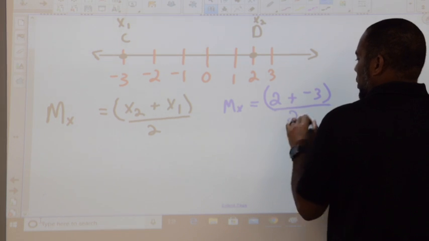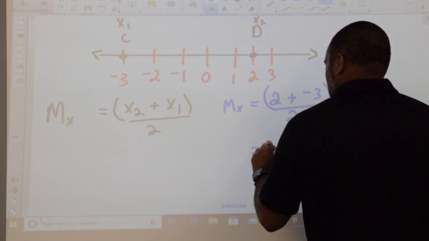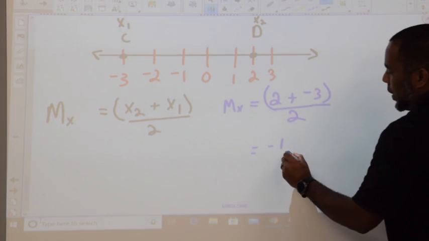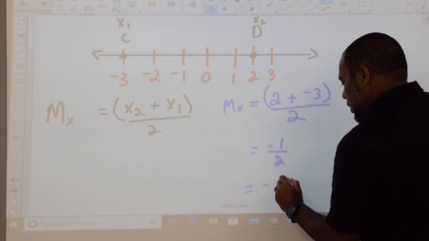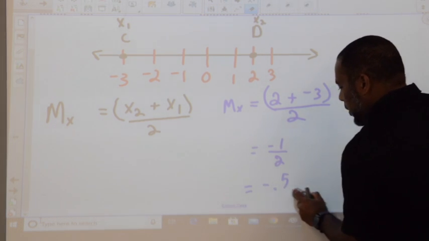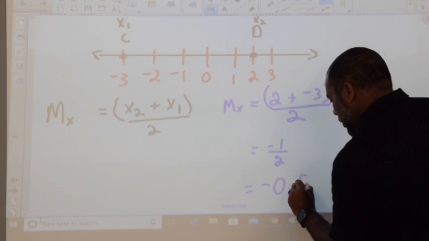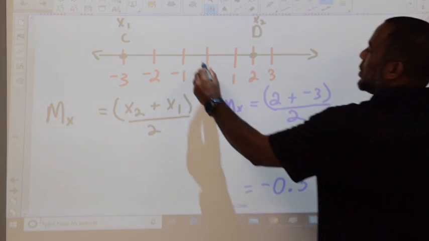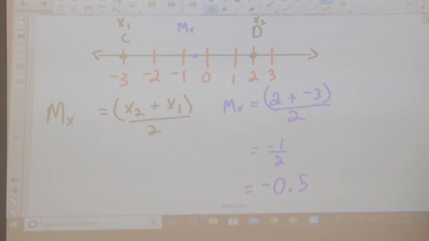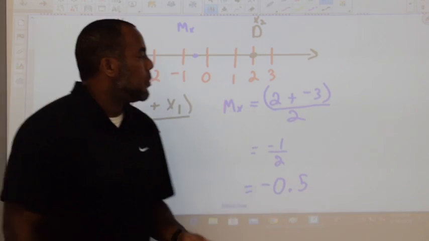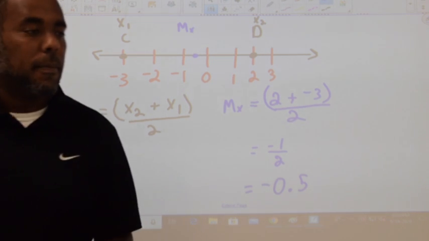I'm going to divide that by 2. 2 plus -3 is -1. -1 divided by 2 is -0.5. That's my middle right here, I call it m of x. That's where the middle came from, and that's what you were able to come up with. That's a win in my book.